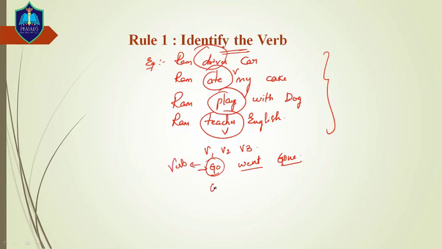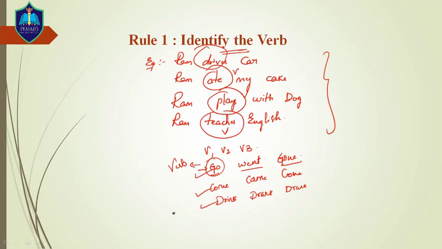I'm just taking one more example. Come, came, come. Came is the V2 form of come, and come is the V3 form. One more example I am taking: drink, drank, drunk. So go is a verb, come is a verb, drink is a verb, because we can represent them in three forms, that is V1, V2 and V3.